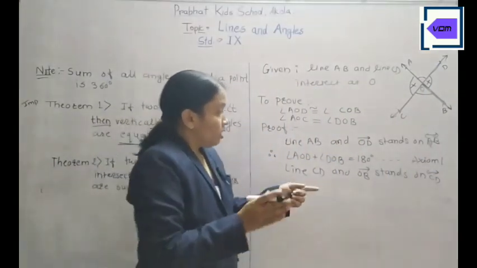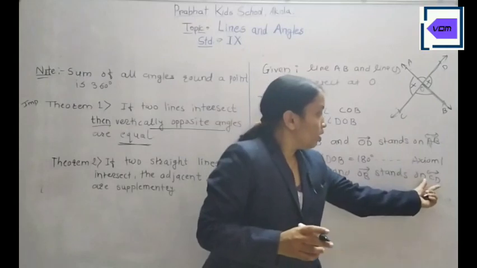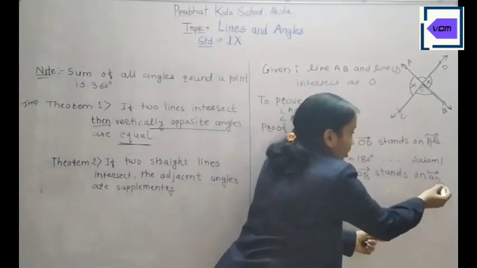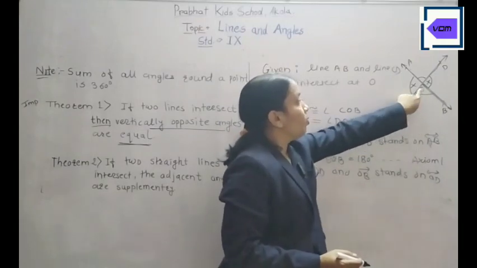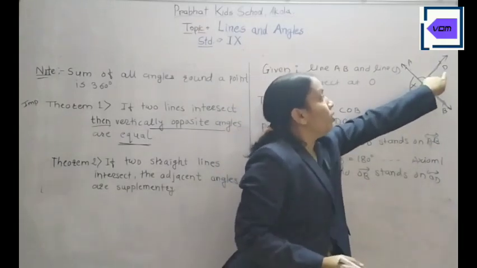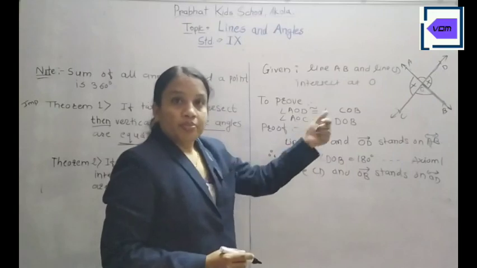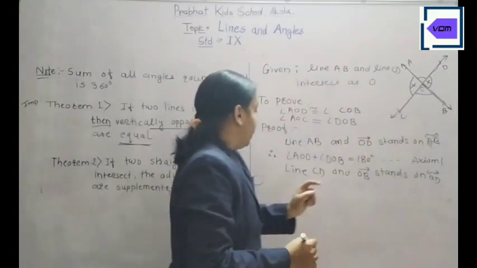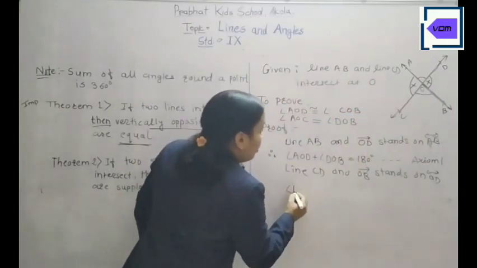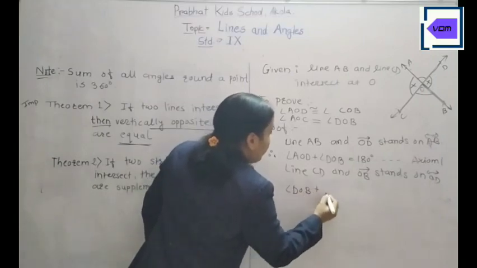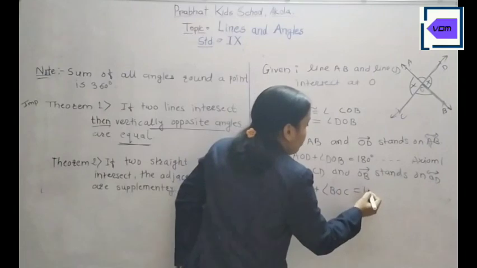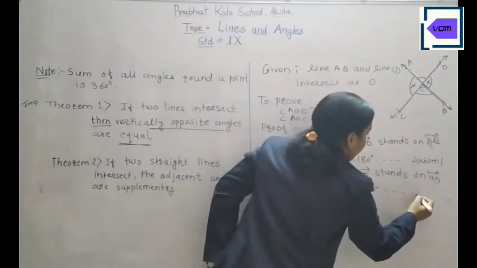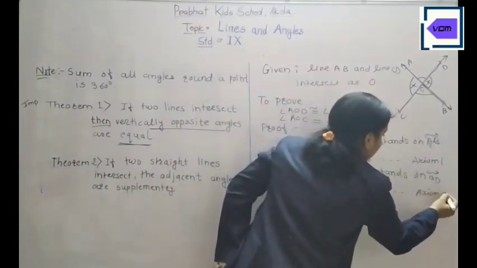Therefore, as the line is there and one ray stands on it, the adjacent angles formed, BOC and BOD, have the sum 180. Therefore, angle DOB plus angle BOC is equal to 180 degrees. Again by axiom 1.